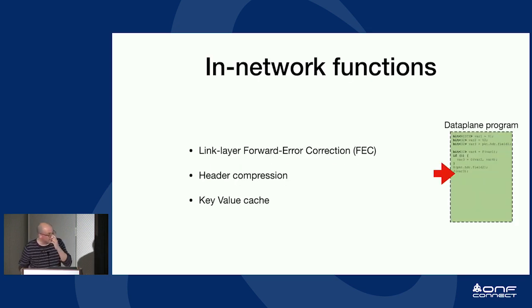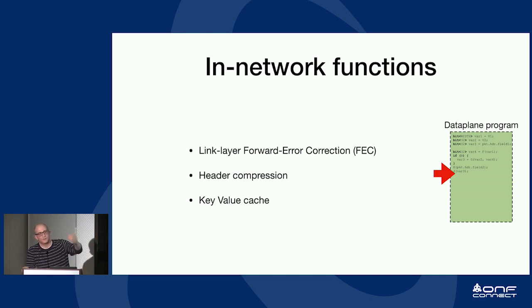And we implemented three in-network functions. So if you like, these are points of reference of activities that can be done in the network. The first is forward error correction. This is intended to mitigate faulty links by adding redundant information that gets sent across, using which missed packets can be reconstructed.